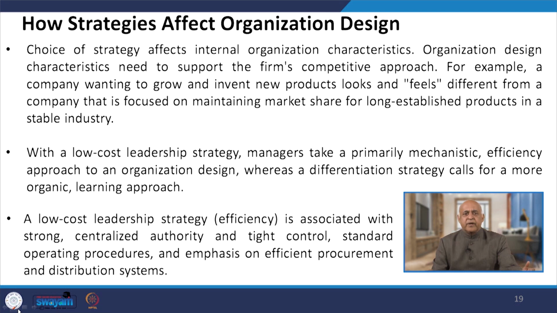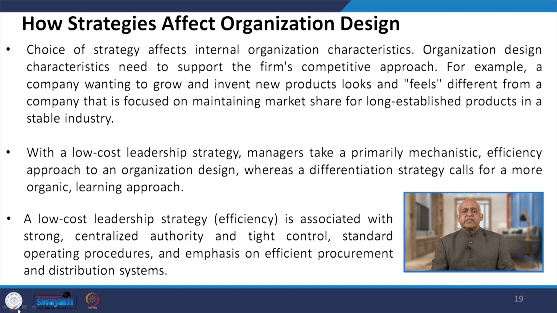I hope you remember that we have talked about mechanistic and organic designs in our previous session. A low cost leadership strategy is associated with strong centralized authority and tight control, standard operating procedures, and an emphasis on efficient procurement and distribution systems.